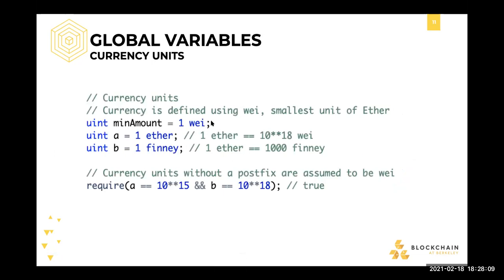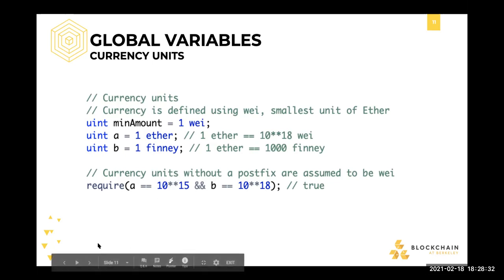The minimum unit is 1 Wei, and 1 ether is 10 to the power of 18 Wei. An ether is also bigger than another unit called a finney, which is 1,000 finneys. And for currency units without a postfix, if you don't add anything, it's assumed to be Wei, which is the basic unit of ether.